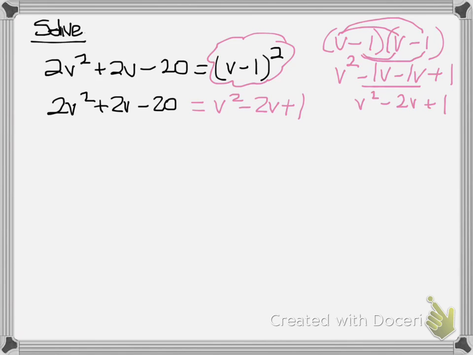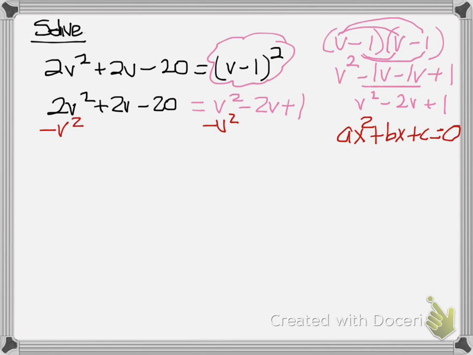So that means that I have to get it in standard form in order to solve it. And standard form is whenever my trinomial is equal to 0. So that means that I got to get all these little guys over to the other side.